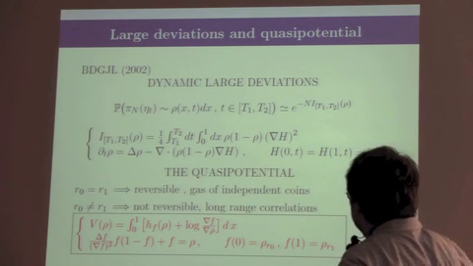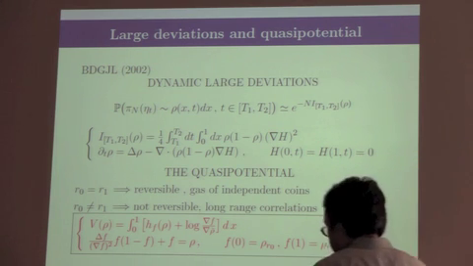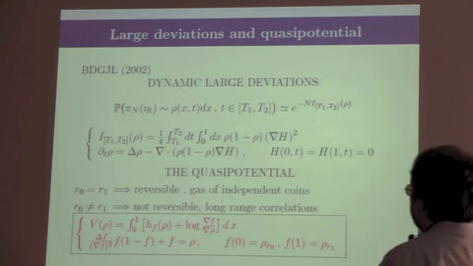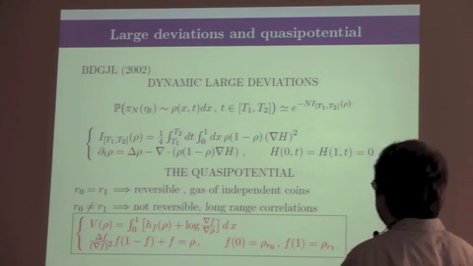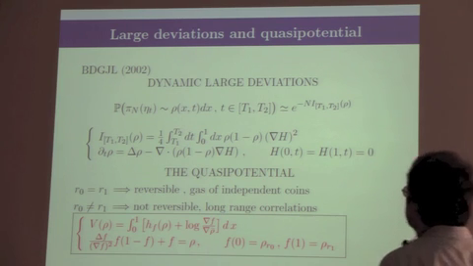Here we are in an infinite dimensional situation, but the general strategy is like the one for the Freidlin-Wentzell situation in stochastic differential equations.